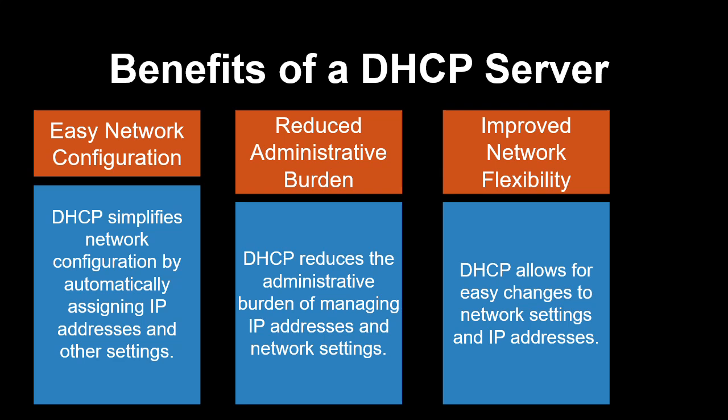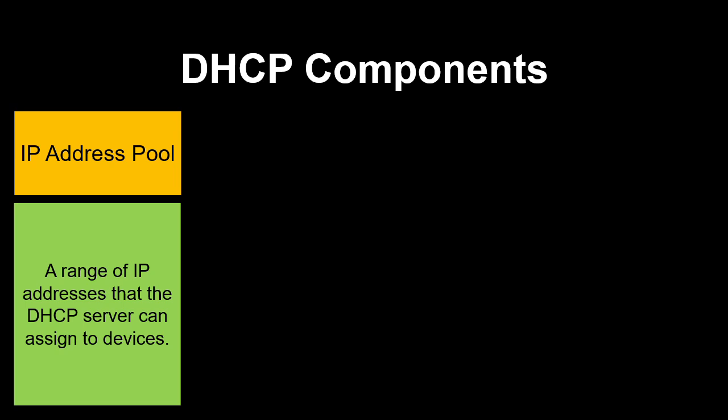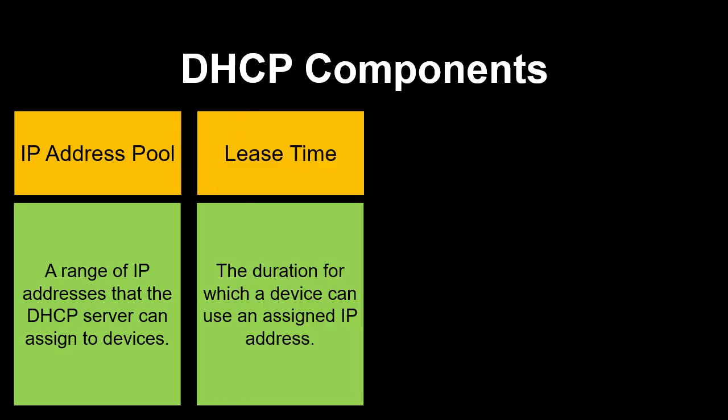One of the key components is what we call the IP address pool, which is a range of IP addresses that the server can assign to devices as they come online, and then they're able to pick the IP addresses which are available. The second component is the lease time. The lease time is the duration for which a device can use an assigned IP address.